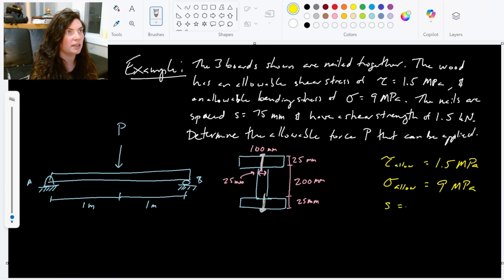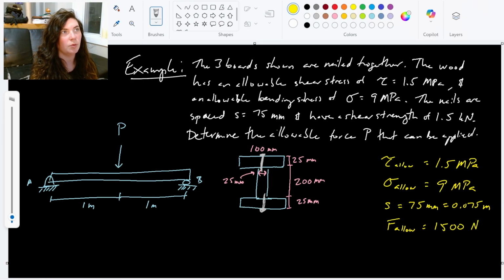So that spacing of 75 millimeters, 0.075 meters, and that they have a shear strength of 1.5 kilonewtons. So a shear strength, it tells us that this is the max limit for these nails, right? That the allowable force in the nails is 1.5 kilonewtons, 1,500 newtons.